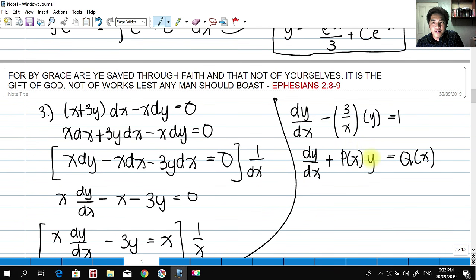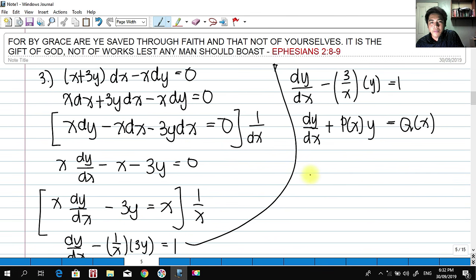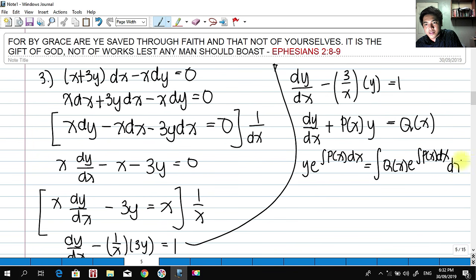So what will happen here is that we apply the formula again. y e raised to the integral of p of x dx is equal to the integral of q of x e raised to the integral of p of x dx, and dx here. Wherein our p of x here is our negative 3 over x.